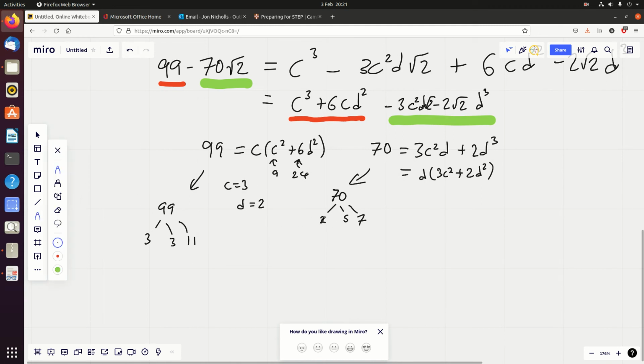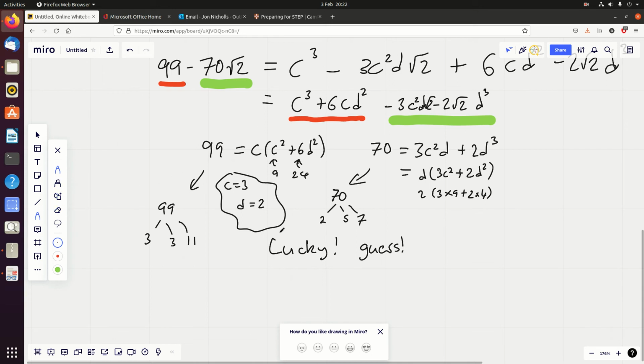Okay, that's kind of nice, but does it work in the other one? Immediately I'm checking it. 2 times 3 times 9 plus 2 times 4. What's that give me? 8 plus 27 is 35 times 2 is 70. I've found them, yeah? Lucky guess, if you like. And that's what I genuinely did in this question.